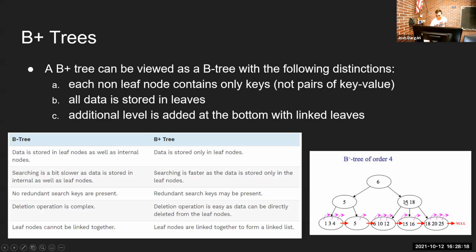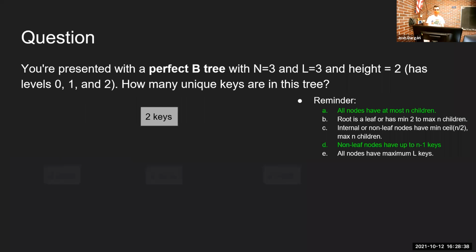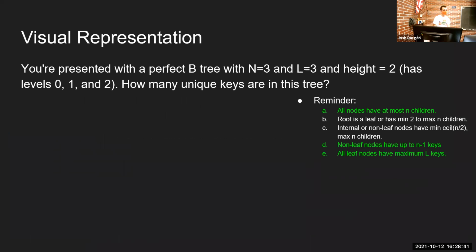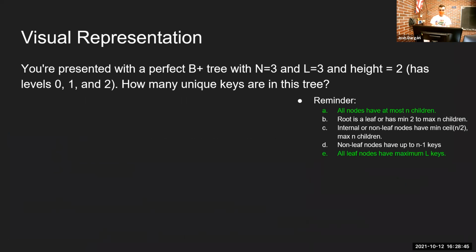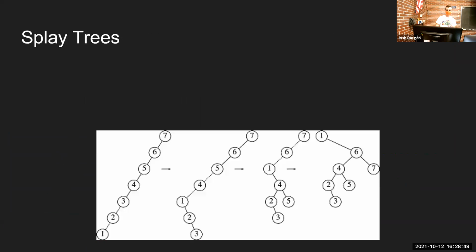All of the values that are less than 15 are in the first child. Everything that's between the first and second key is in the second child, and everything that's greater than the second key is in the third child. And that's why we need n-1 keys. Hope that made sense. Let me know if it didn't. Otherwise, I'll keep going.